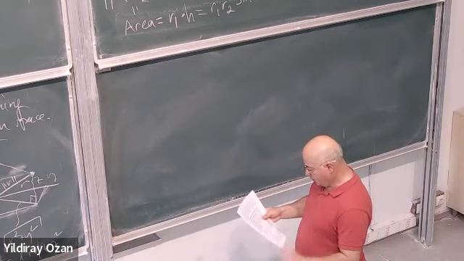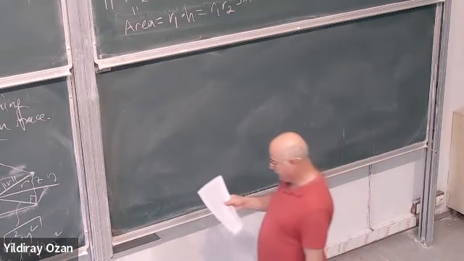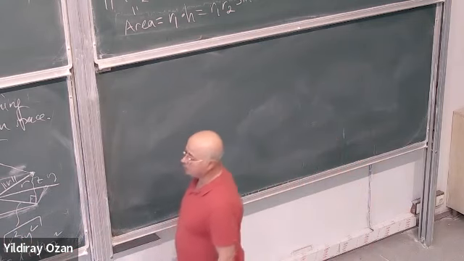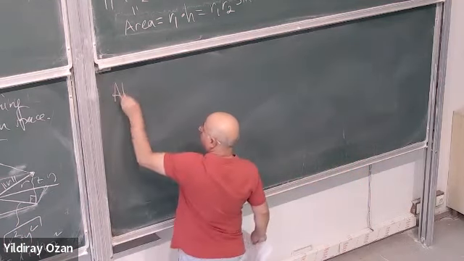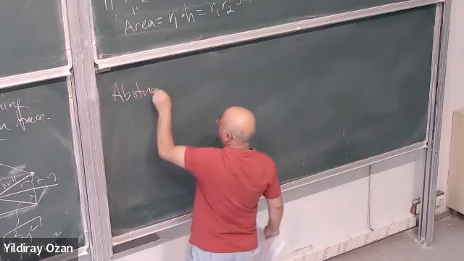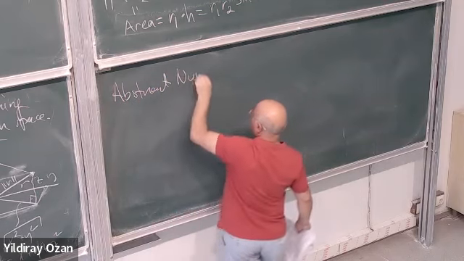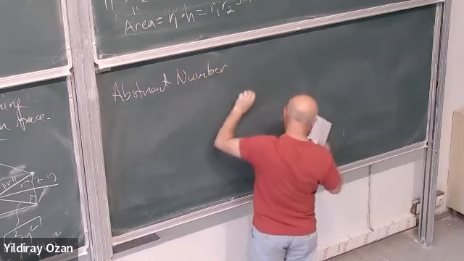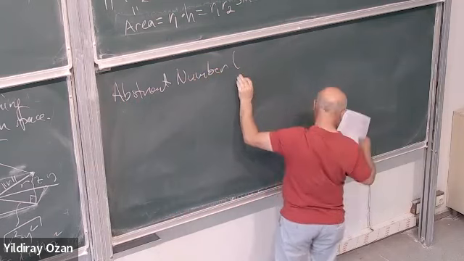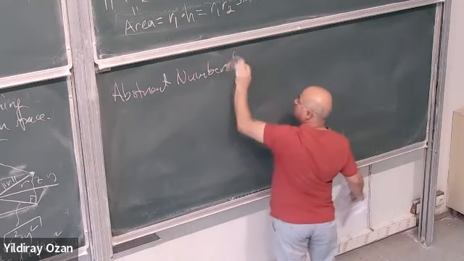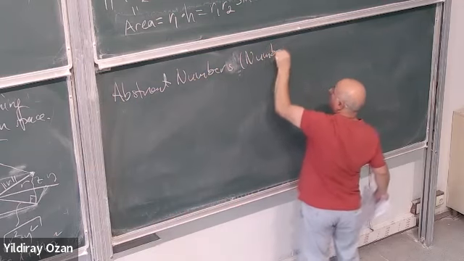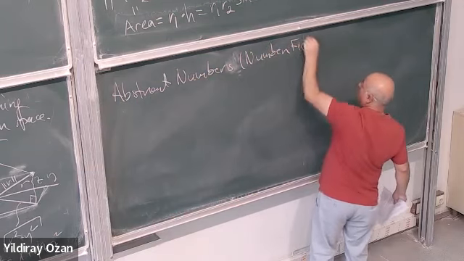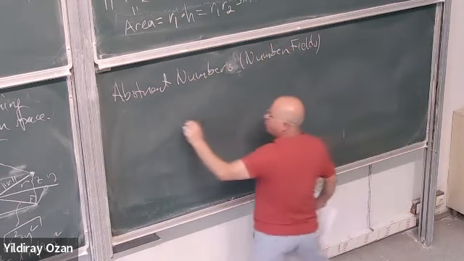What we will need is scalars, abstract number fields, let's say numbers and number fields. What are they?